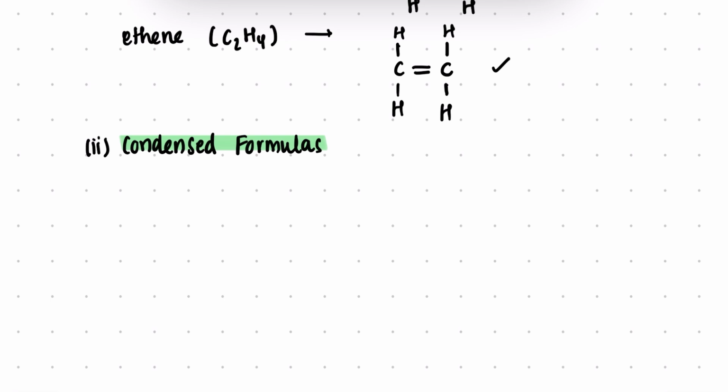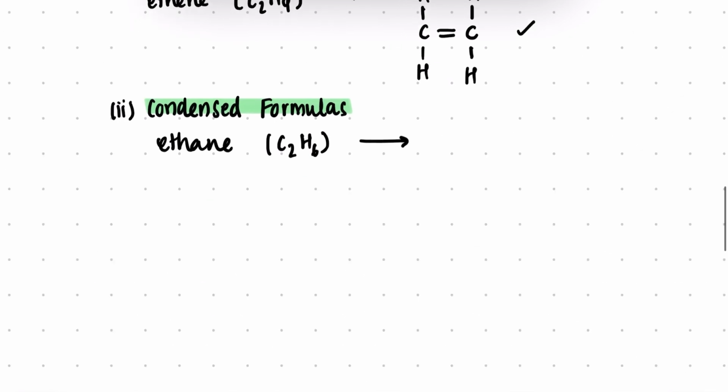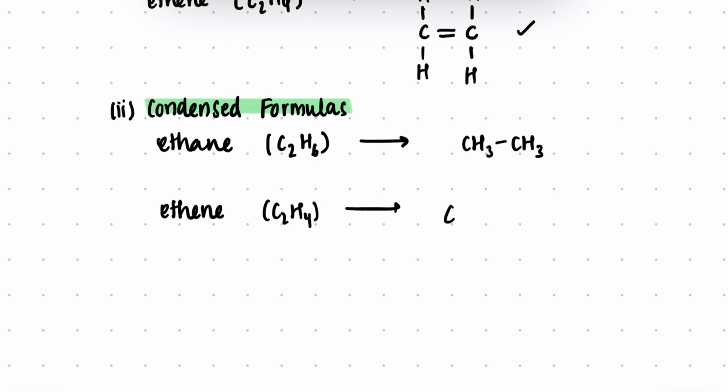So let's see. I'm going to first write ethane, which is C2H6. And this would be our condensed formula, CH3, CH3. That would be a condensed formula. And then we also got ethene, just C2H4. And this would be CH2 double bond CH2.